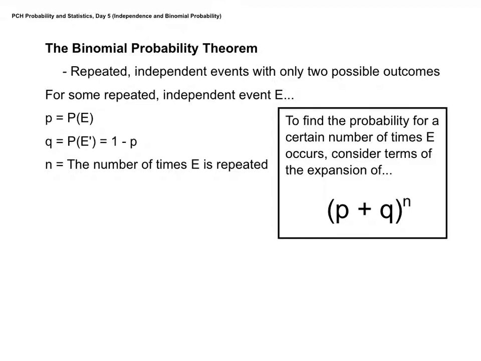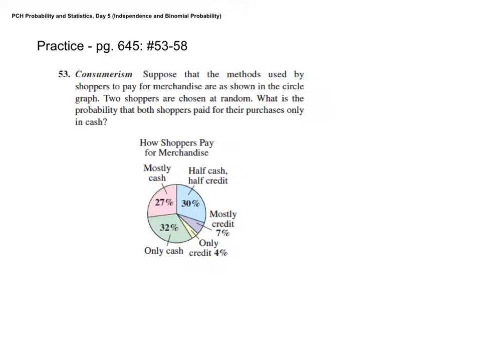So we're going to consider terms of this expansion, (P + Q)^N. That's just a summary of what we were just talking about. So let's practice this with a couple of examples.